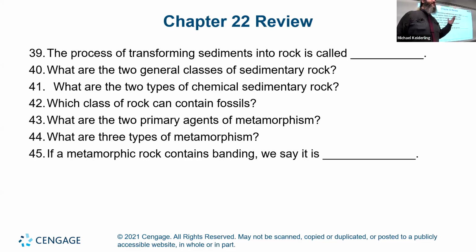The organic one involves living things, the other doesn't. The class of rock most likely to have fossils is sedimentary rock. Inorganic chemical sedimentary rock is less likely to have fossils, but it still can happen.